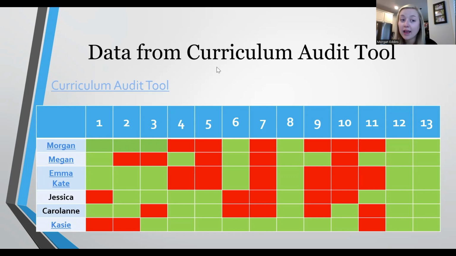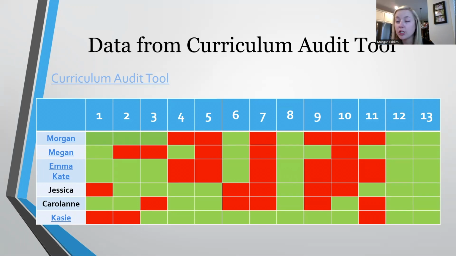So when we go back, after looking at what our curriculum audit tool looked like, everybody's curriculum audit tool that they filled out for their own personal classroom is linked to their name here. If you look at the data, we filled it in green for those classrooms that said, yes, this is present.